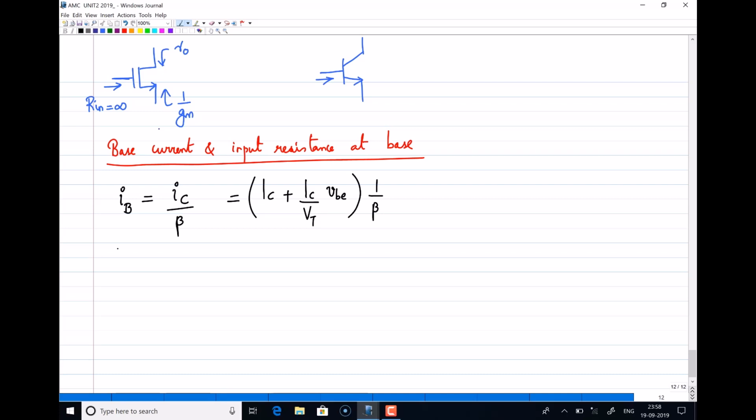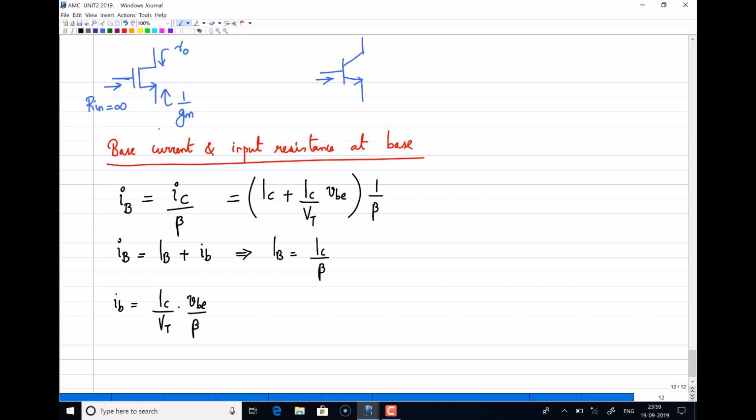Now IB is actually the DC base current plus the small signal base current ib. If I compare this, the DC base current is IC by beta, which we know. The small signal base current is IC by VT into VBE divided by beta.